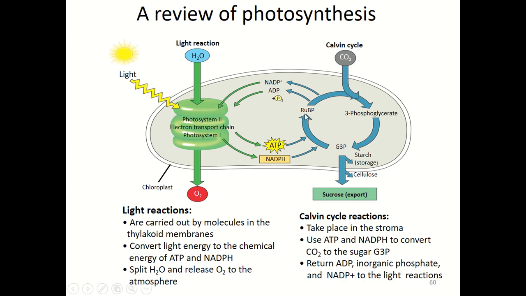And then the ADP and also NADP plus will go back to the light reaction and be used by the light reaction again.